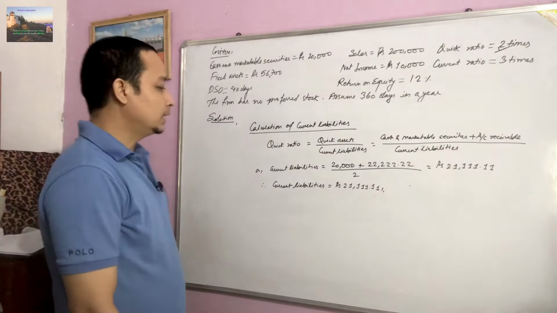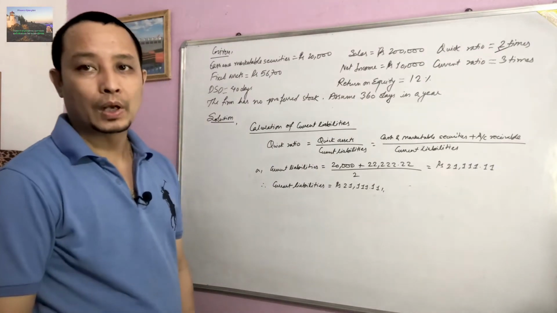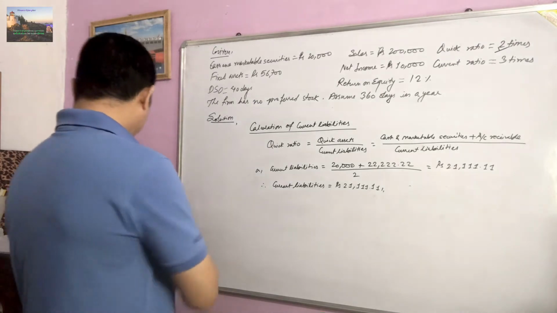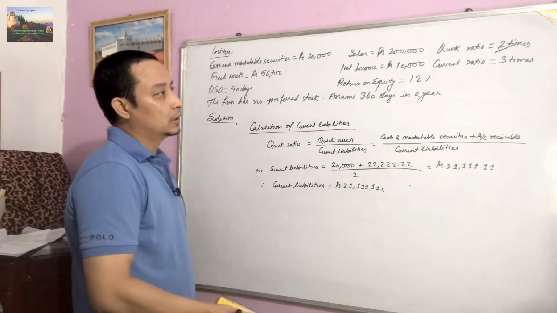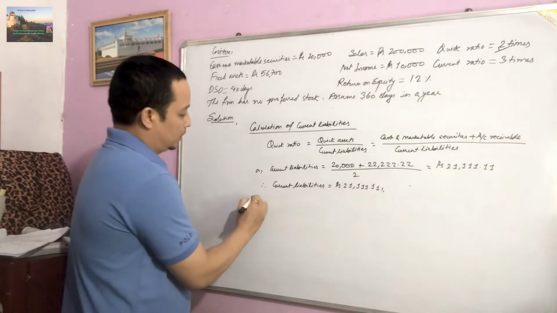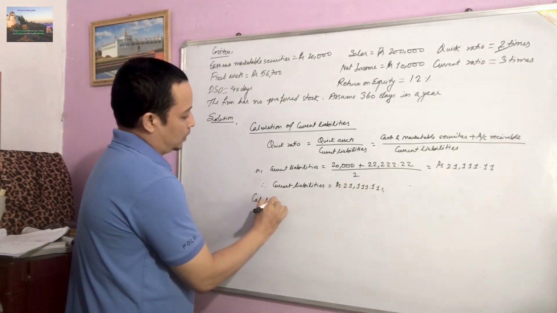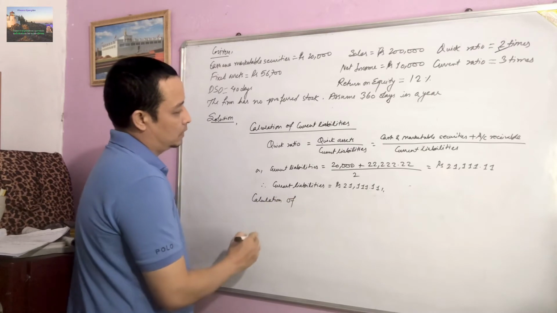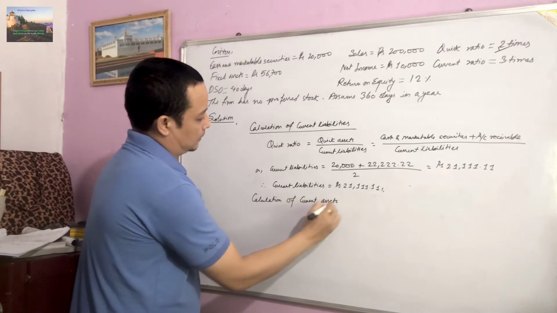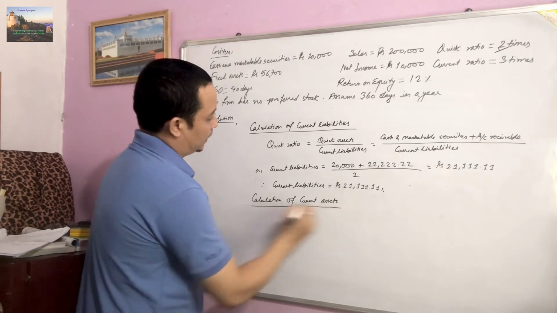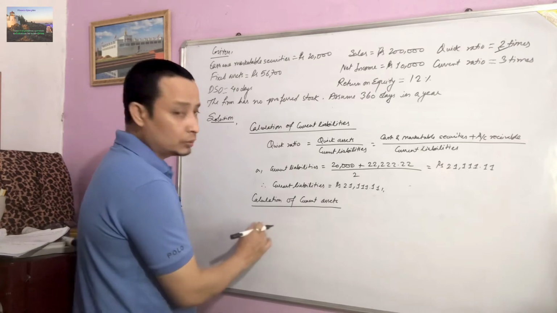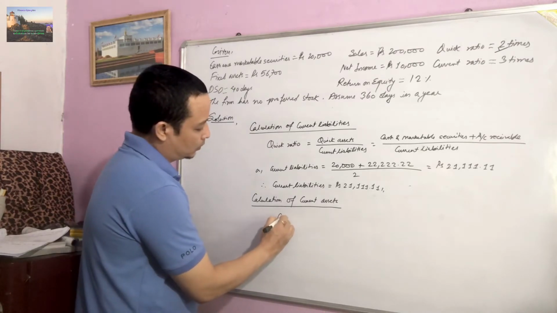Now after knowing the current liabilities, you can find current asset using current ratio. So now again let me write down calculation of current assets. For current assets you can use current ratio.